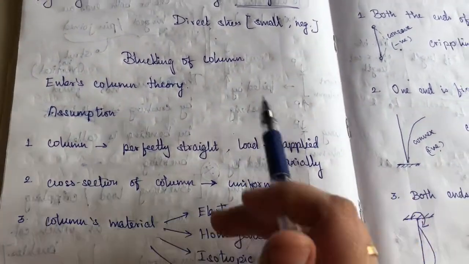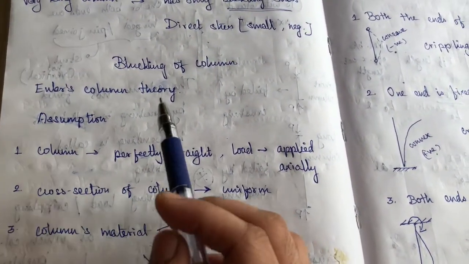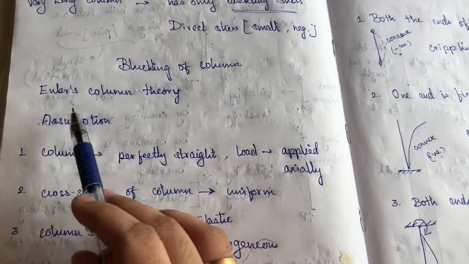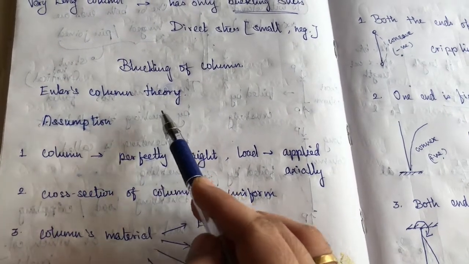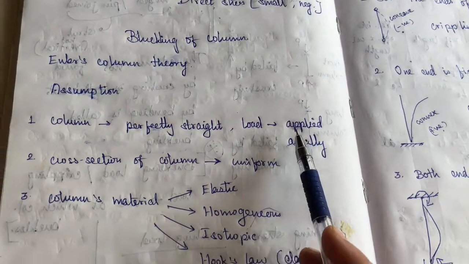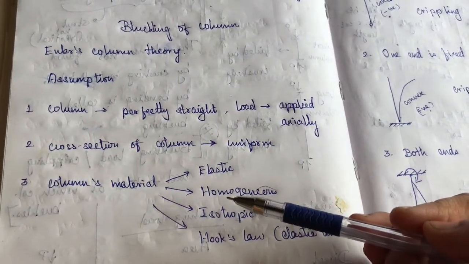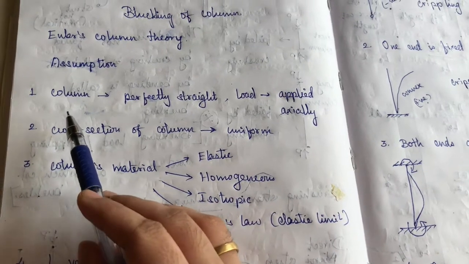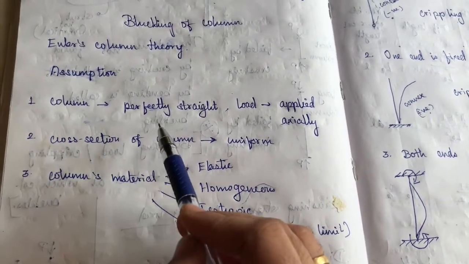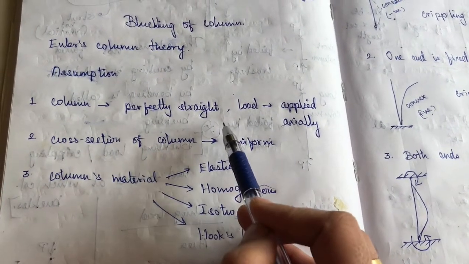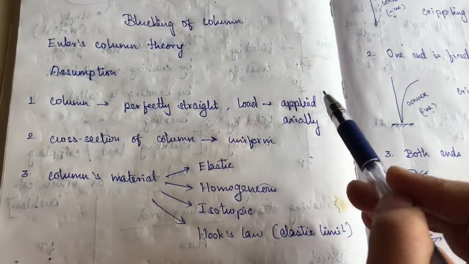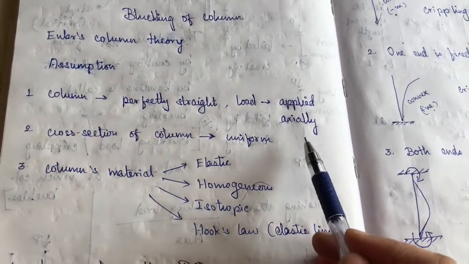So buckling of column, under this they have given Euler's column theory. There are some assumptions. What are these? The column should be perfectly straight and the load which is applied is only axial.